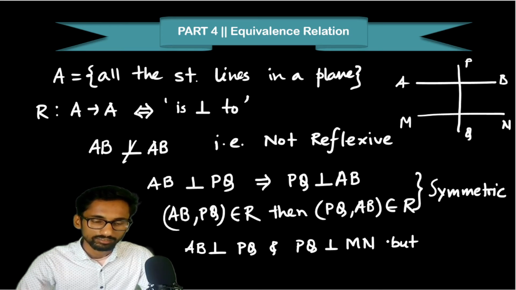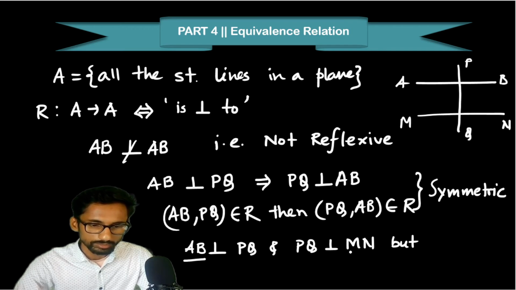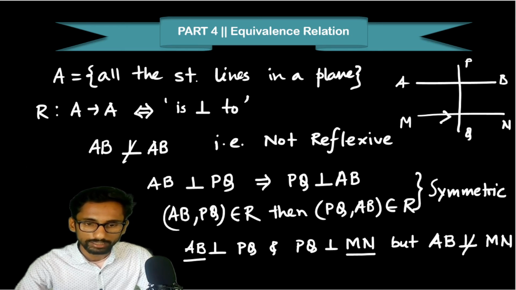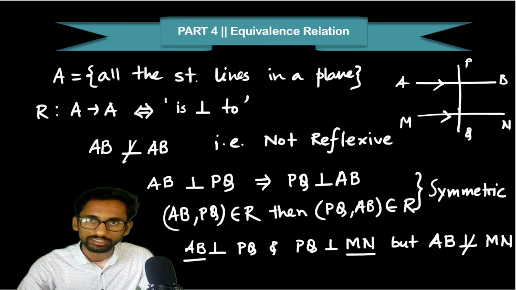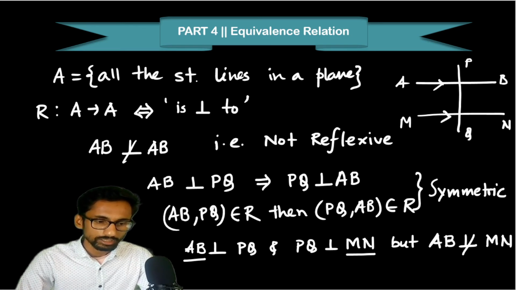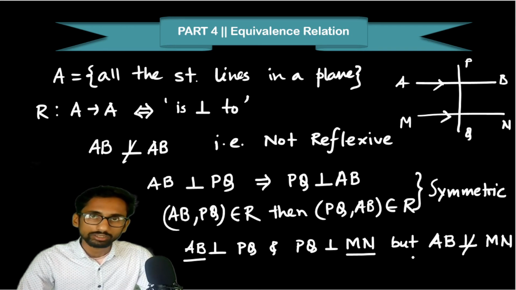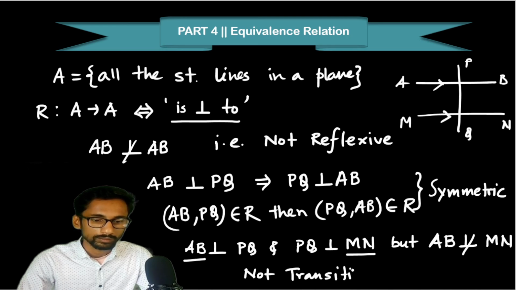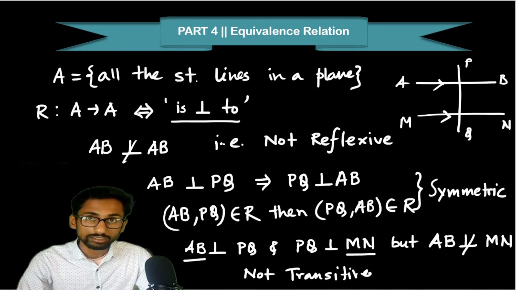But we can't say that AB is perpendicular to MN because AB and MN are parallel in nature. It is clear in the diagram. So even though AB and PQ are related, PQ and MN are related, AB is not related to MN. So the given relation is not transitive. Since the given relation is not satisfying all the three types of relations, we can't call this an equivalence relation.